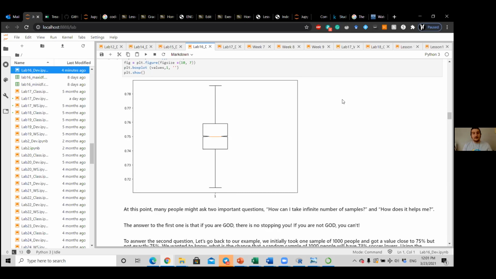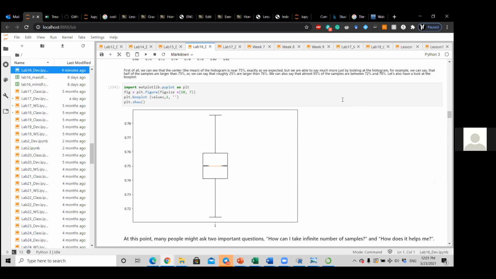Yes. Now, up to this point in today's lab, we have used a lot of samples. And we concluded that if we have a lot of samples, we are able to get close to the true values of the population.